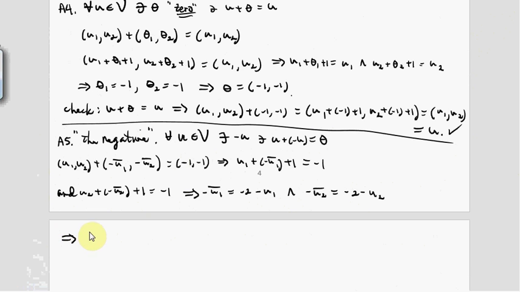So that implies that here, for each u, negative u is defined as (negative 2 minus u sub 1, negative 2 minus u sub 2). You can check it, it does work.